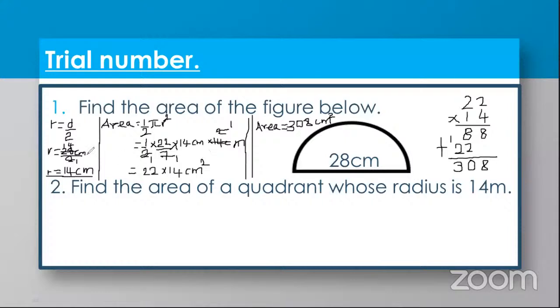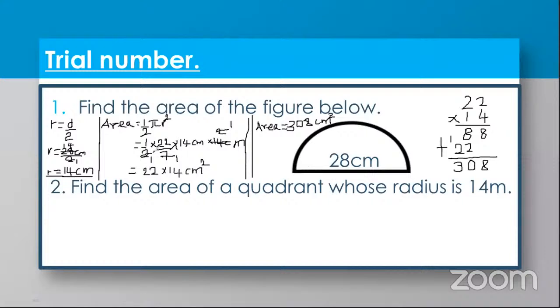She started by changing the diameter to radius, she got 14. She didn't fear that 14 is too big. She came here and said 1/2 times pi r squared, because of a semicircle, this 1/2 is representing a semi, and pi r squared is representing a circle.